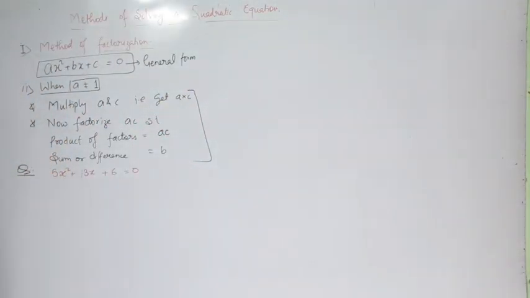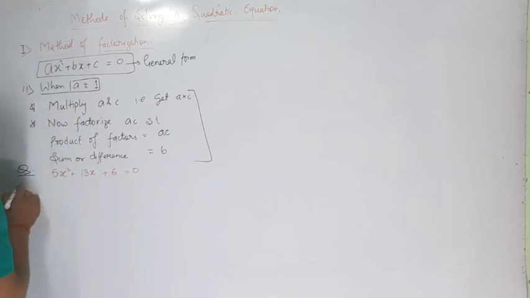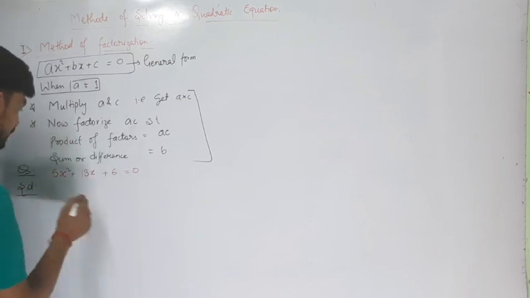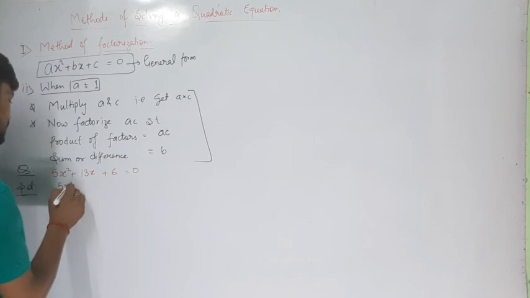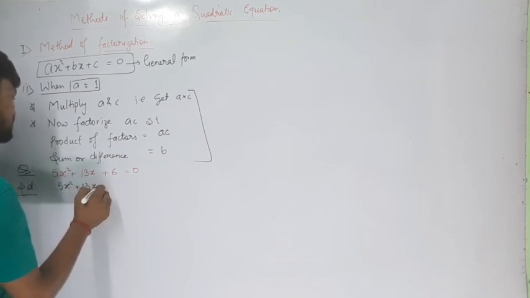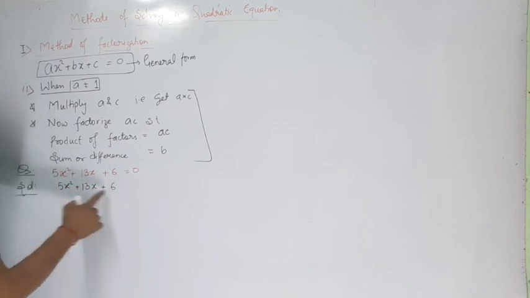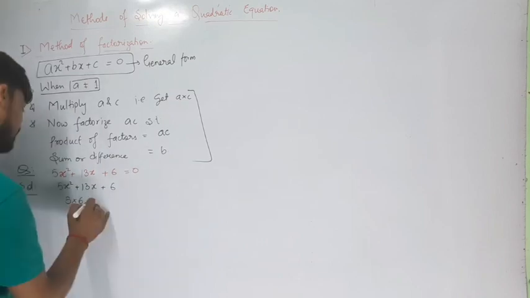So when a is not equal to 1, the steps I have mentioned on the board, try to see, and you also may try. Very first, we have to multiply the coefficient of x square with constant.